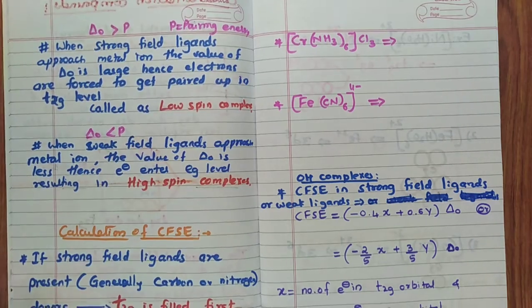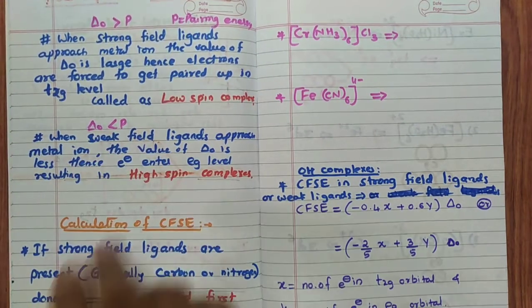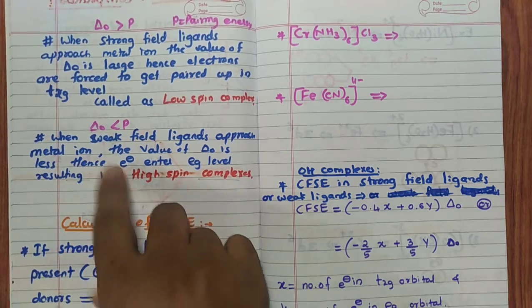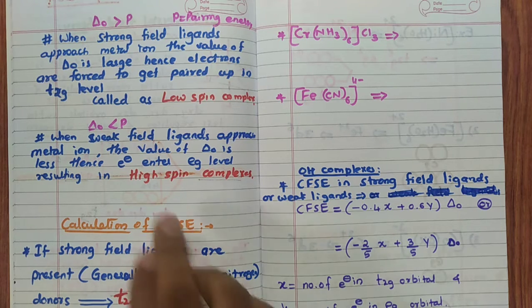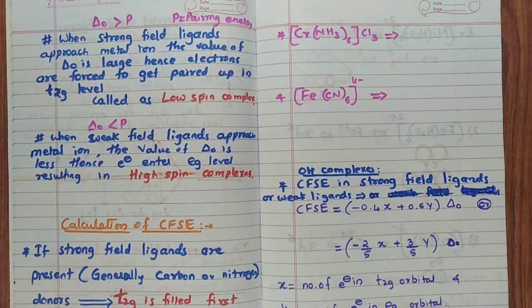If delta naught is less than the pairing energy, which means delta naught is small but the energy required to pair is more, the electrons will not pair easily. First they go to the eg level, after t2g is singly filled, and then t2g is paired. We call that high spin complexes.